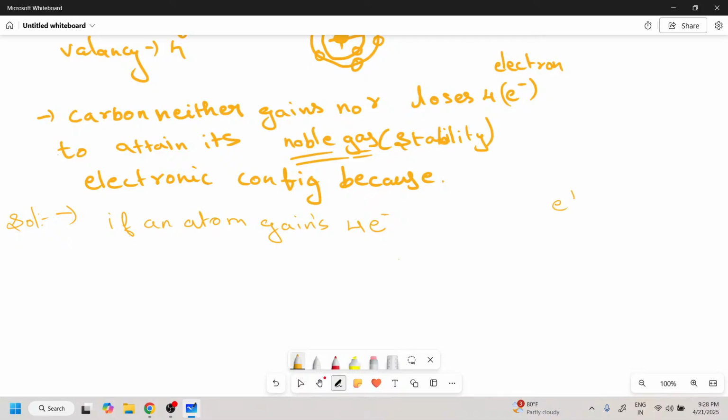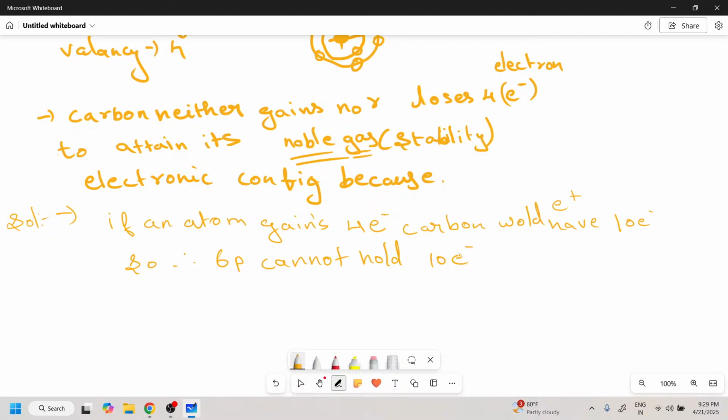So E plus is loses, E minus is gains. When it gains 4 electrons, carbon would have 10 electrons. Therefore 6 protons cannot hold 10 electrons. Makes sense, right?